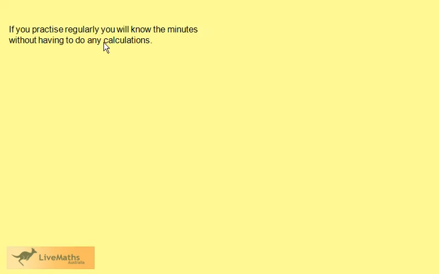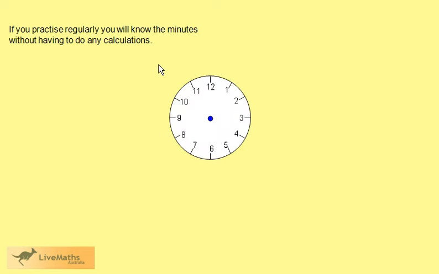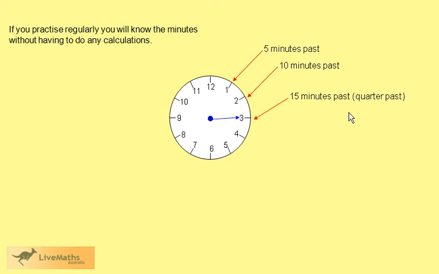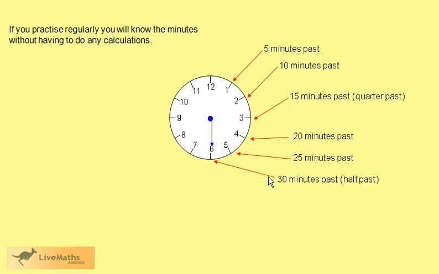If you practice regularly, you will know the minutes without having to do any calculations at all. So you really ought to do this. This is 5 minutes past, 10 minutes past, 15 minutes past, which is called quarter past, 20 minutes past, 25 minutes past, 30 minutes past, which is called half past. When we get to here, you could call it 35 minutes past, or 25 minutes to.